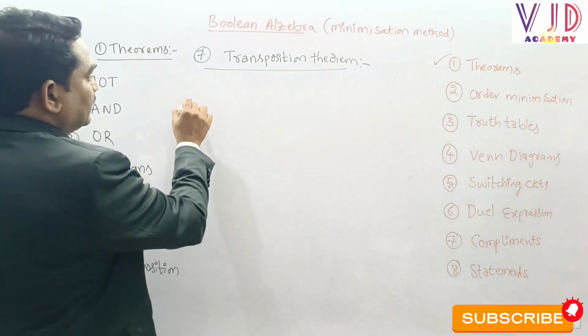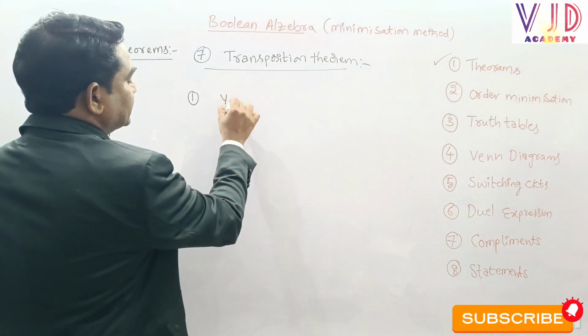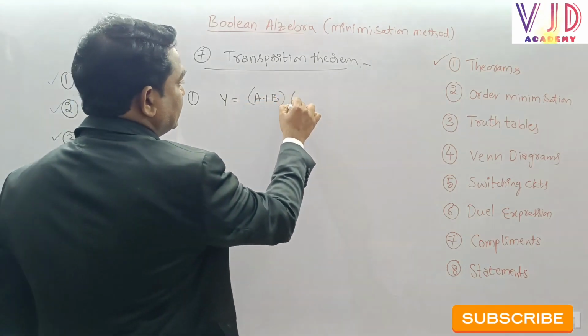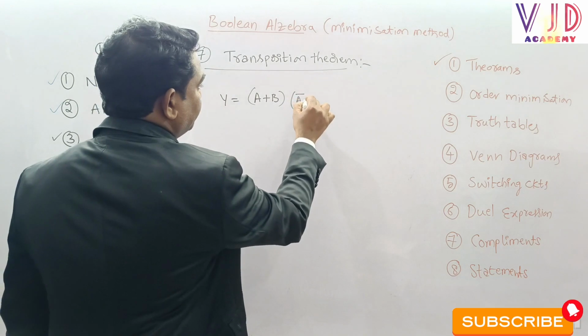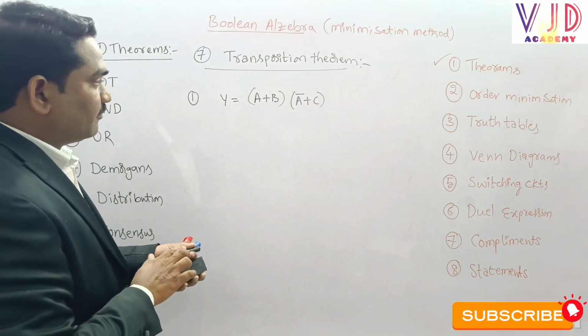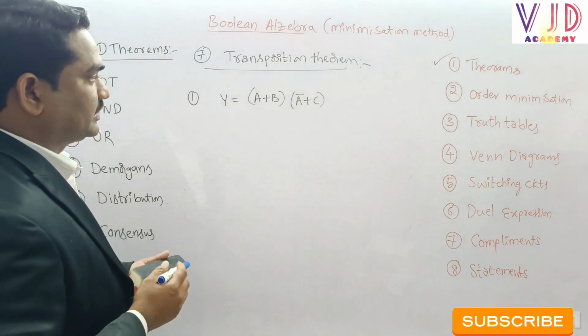The moment we look at any logical expression, here Y equal to A plus B, and then A bar plus C, what will happen by using the transposition theorem? How do we solve this logical expression?